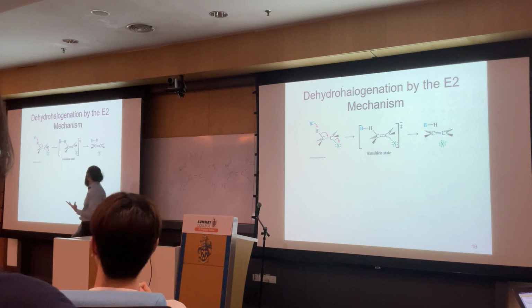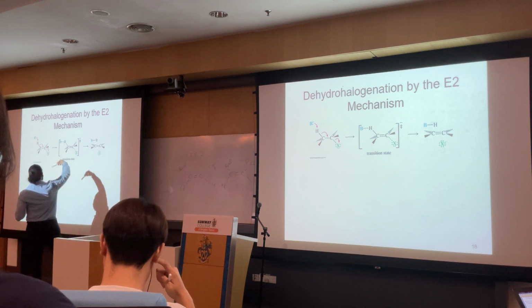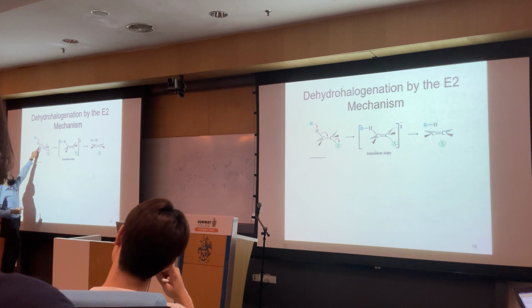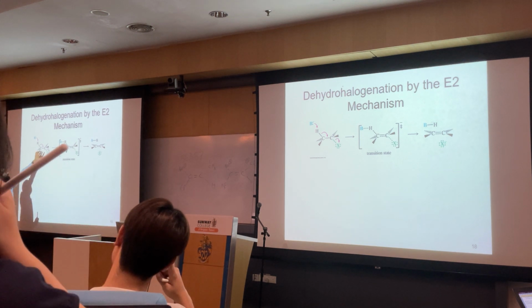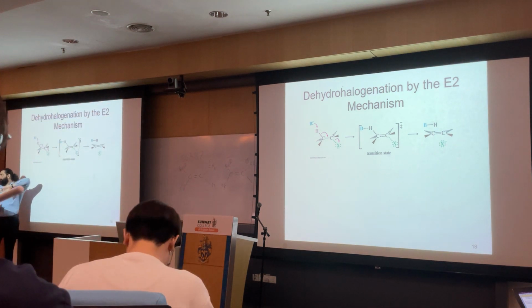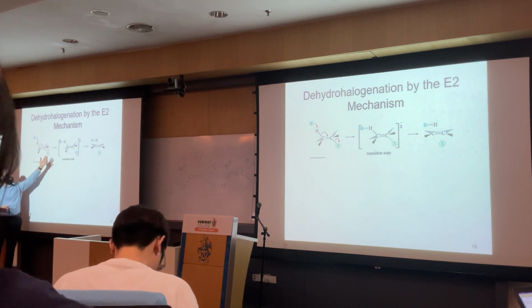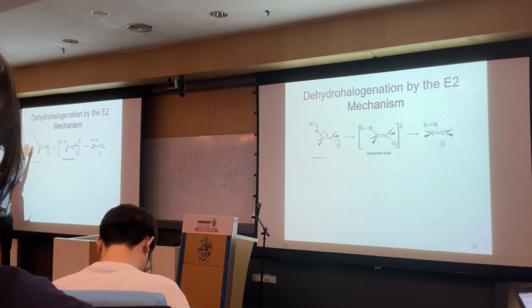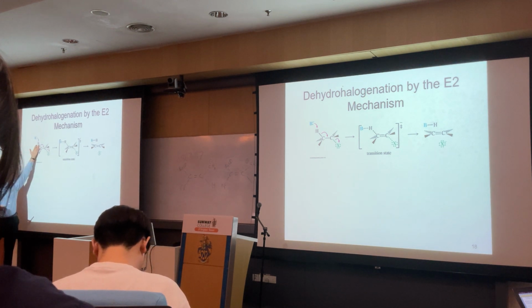Right? Now how does E2 mechanism occur is that the hydrogen and halogen are removed from the alkyl halide at the same time. And this happens when you use a strong base for this reaction. So base attacks on the hydrogen, it takes the hydrogen away from the molecule.